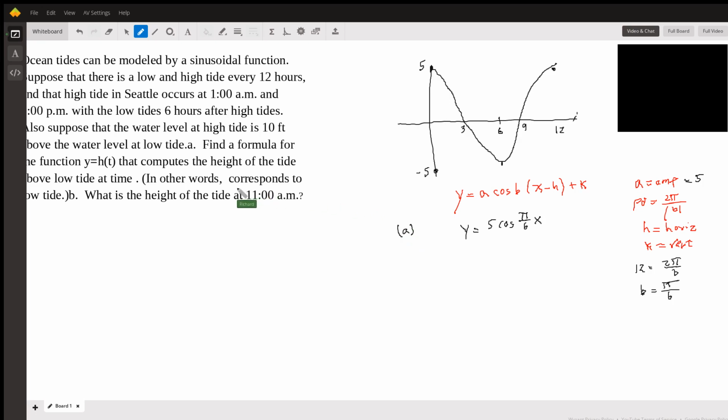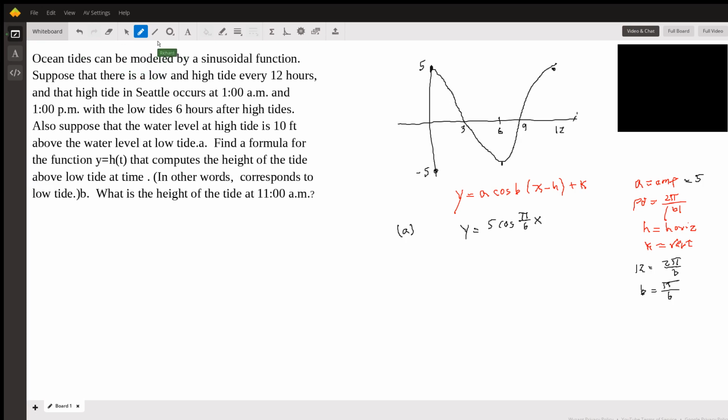Part B, they want to know what's the height of the tide at 11 a.m. I see that this needs to be shifted over because it's cut off a little bit, so let me move it over so you can see it. There we go. Part B is the height at 11 o'clock.